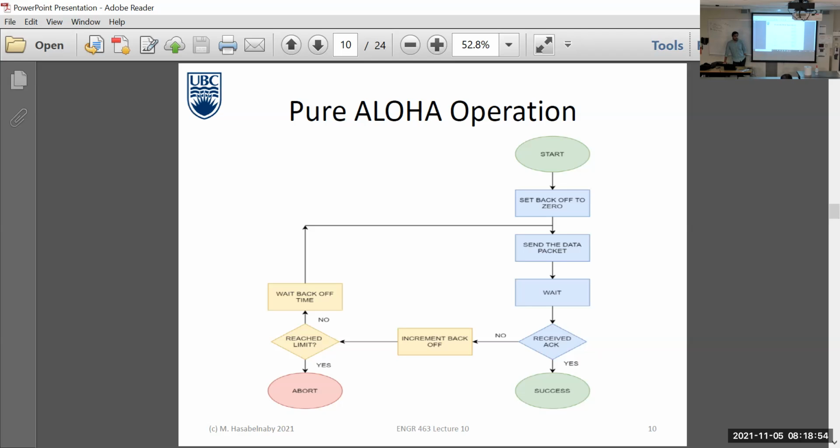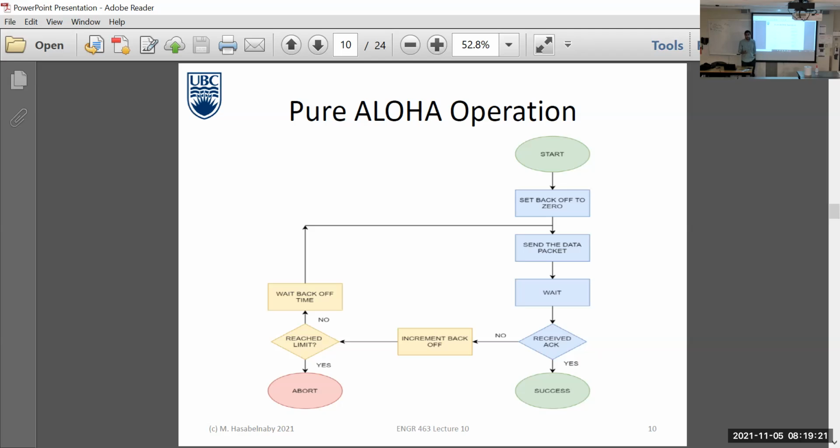As the number of users increases, the probability of collisions will increase, and we may enter an infinite loop of retransmissions and collisions. So pure ALOHA is not an efficient technique, and when we see the throughput of pure ALOHA, you will find that the total throughput is very low.